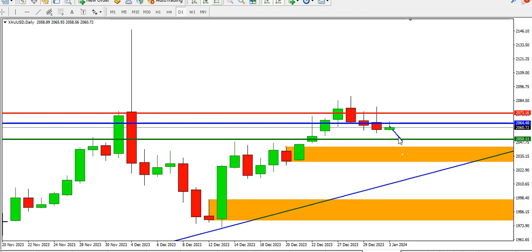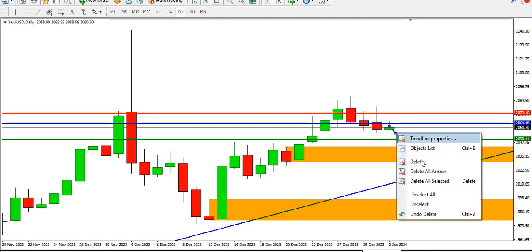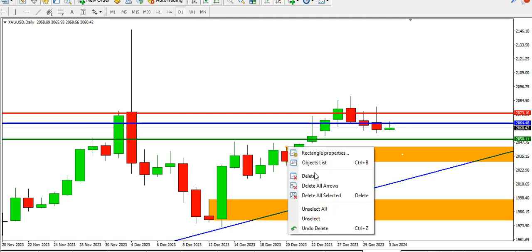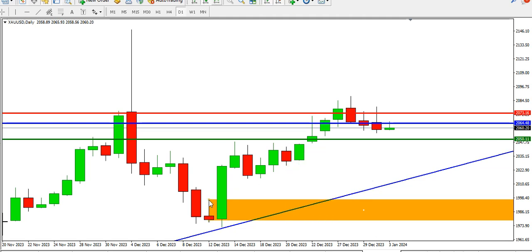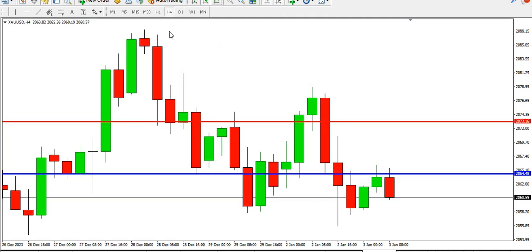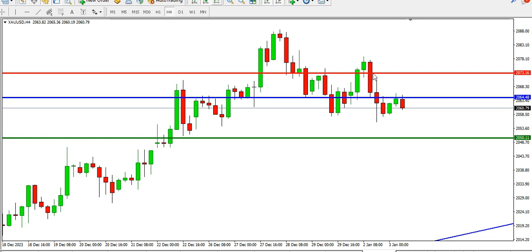Let's quickly look at what we might likely see on the 4-hour time frame. Okay, so on the 4-hour time frame, we can see that the bears are pushing and pushing for price to find some level of support.